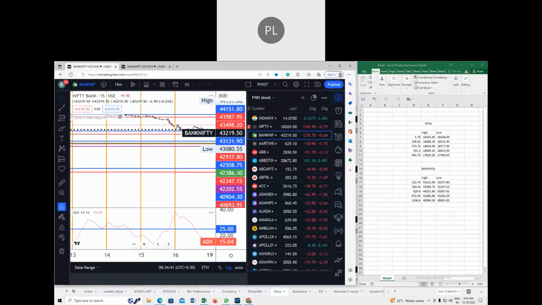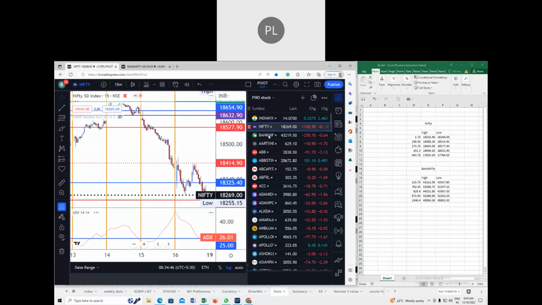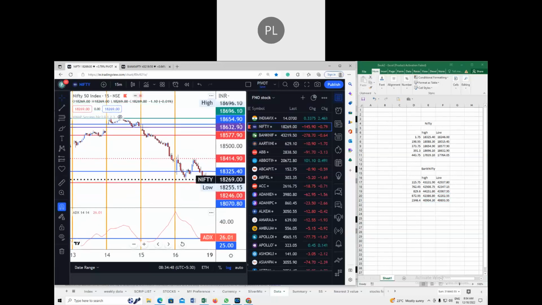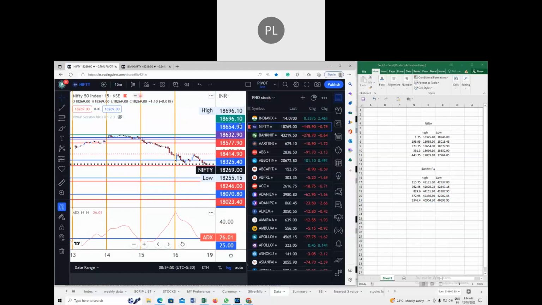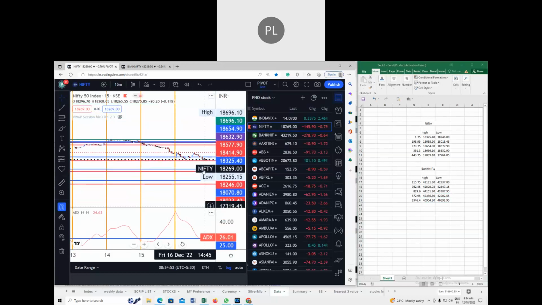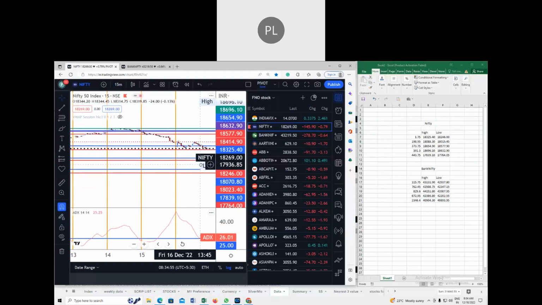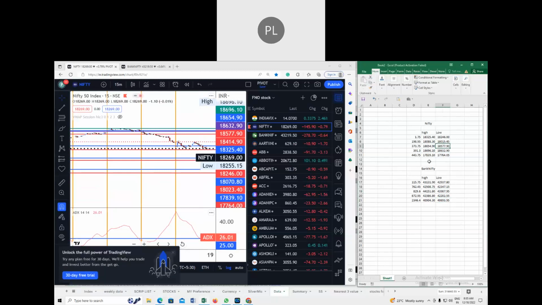Similarly, in case of Nifty, you can see that these values are marked accordingly. 18696 is the top line, 632 is the bottom line. Then you have 654 and 577. Then you have 414, which is our previous close, sorry. Then we have 325 and 246.